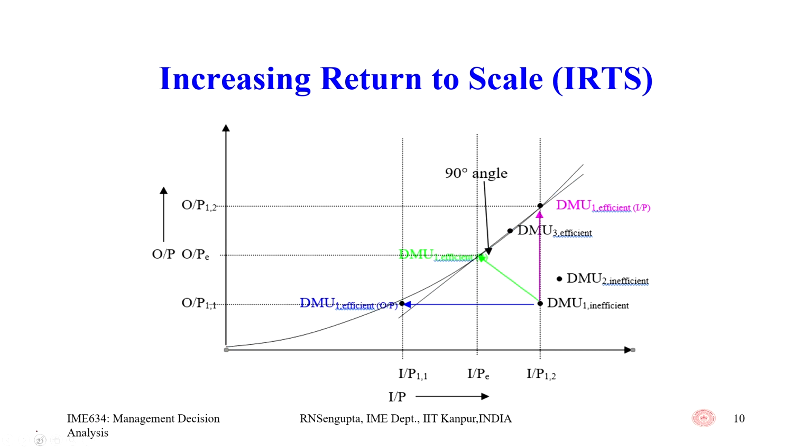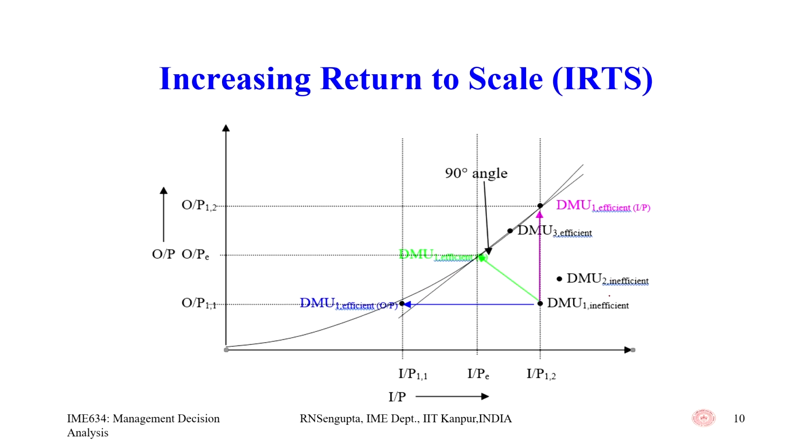Now, here is the analysis, the same thing, but I will just repeat and highlight the important facts. I consider the inefficient DMU, DMU 1 inefficient, and in order for it to be efficient and reach the efficient frontier, again there are innumerable ways, but I will consider only these three ways of moving to the efficient frontier.